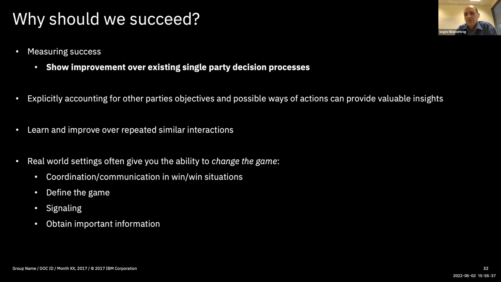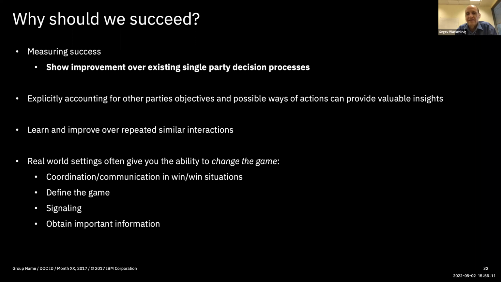So success for us in this endeavor would be: can we show improvement when taking other parties' decisions, actions, and models into account? Can we show that we'll be doing a better job than if we don't do that? This puts the bar perhaps significantly lower than pure science, but it is still a fairly difficult bar to meet.